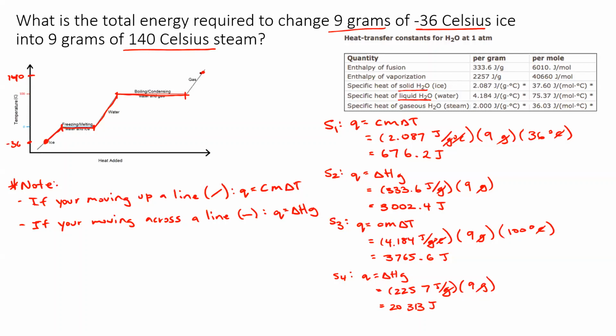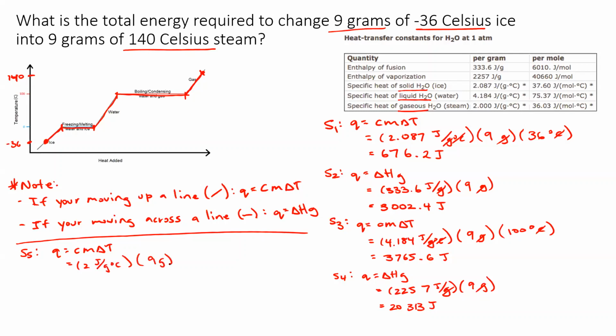Now, we're still not done. We still didn't get to our dot right here, so we need to do one more calculation, which I'll call step 5. For step 5, we're going up the line again, so we're going to use Q equals Cmat. Our C in this case is gaseous, so we're going to be using 2 joules per gram degree Celsius.